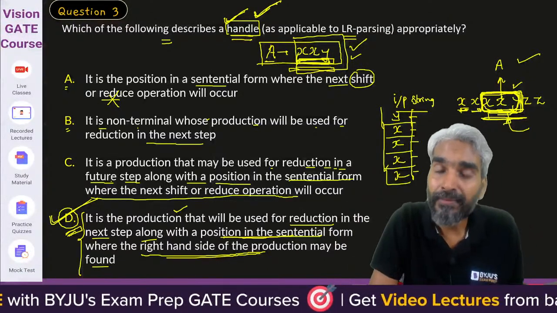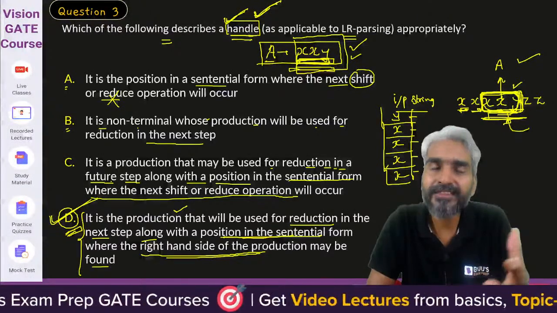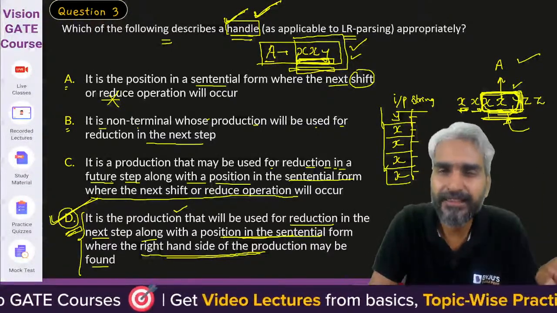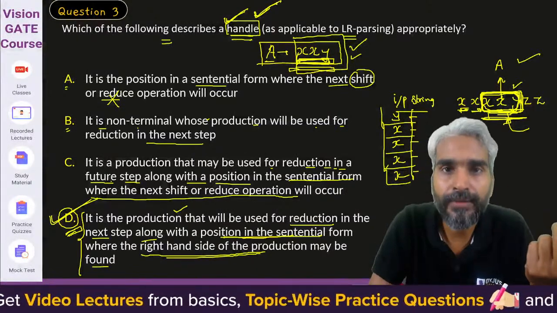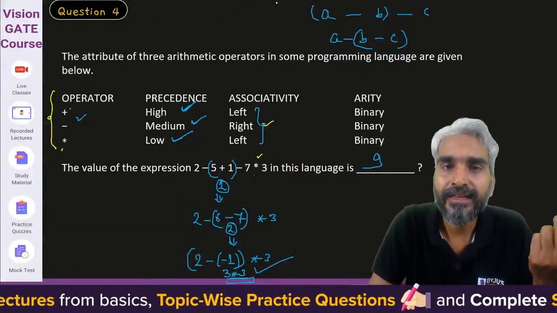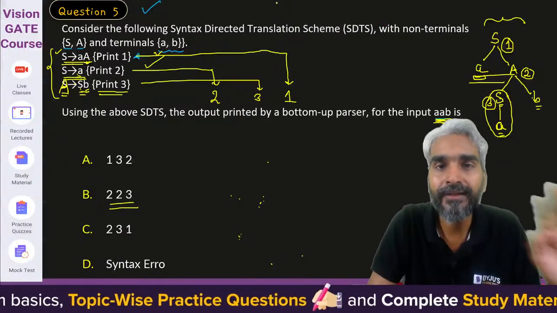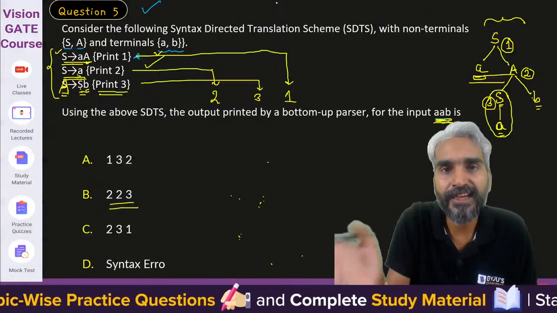But if the grammar is an LR grammar but not LR0, then you may have to see what the next lookahead is, and based on that lookahead, your reduce or shift actions will be performed.